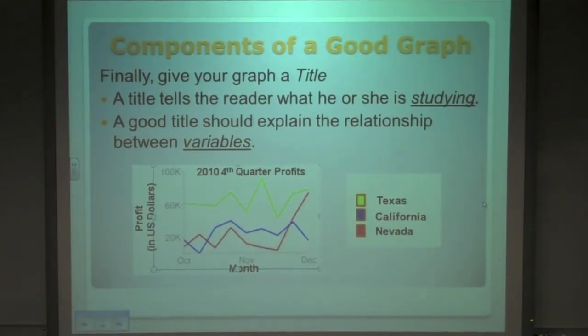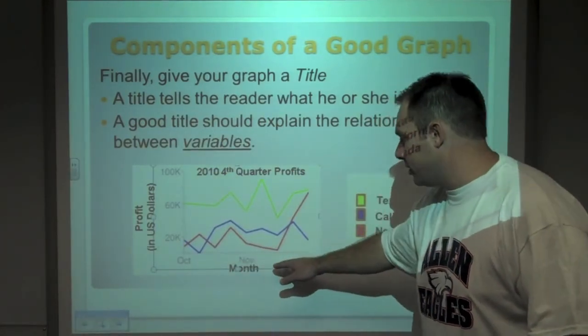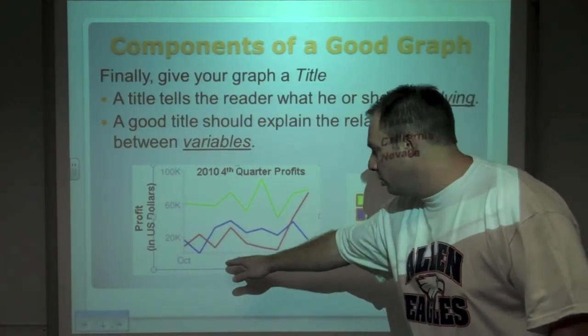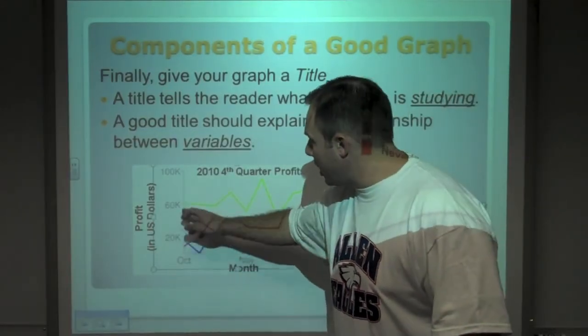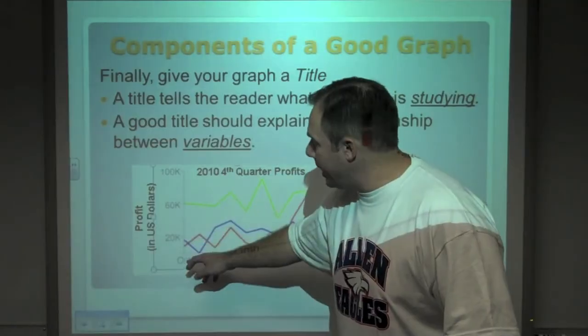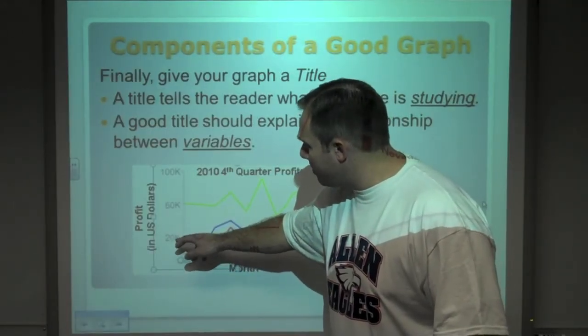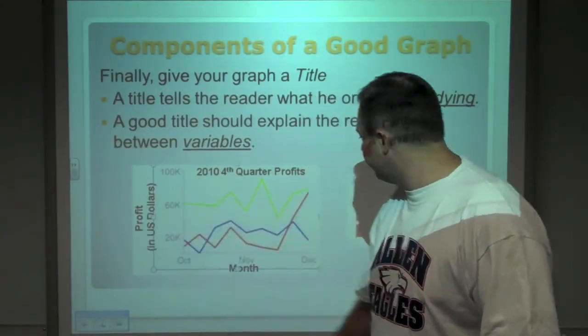The title tells the reader what he or she is studying, and a good title should also explain the relationship between the variables. Again, down here we have our x-axis. This is our mix, our manipulated variable or independent variable. Over here we have our y-axis. This is the dry, the dependent or responding variable.